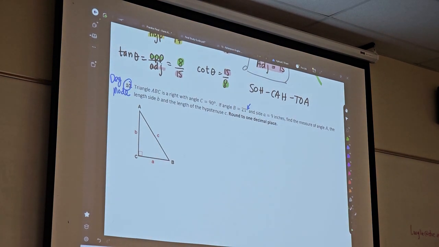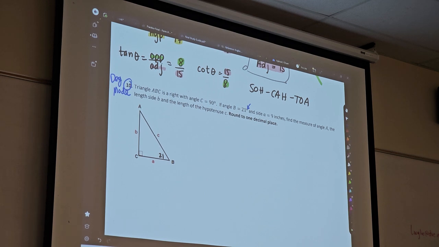Let's label what's given. C is 90, B is 21 degrees. I'm not going to bother writing the degree symbols in there. B is 21, A is 9, so this length right here is going to be 9.